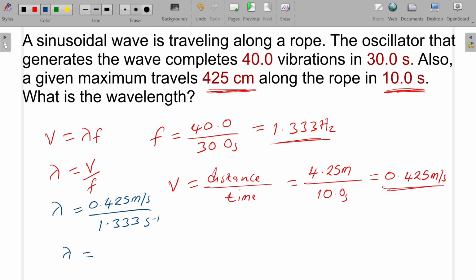When we punch our calculator, our wavelength is 0.319 meters. Converting this to centimeters, we have 31.9 centimeters. So that's our wavelength in meters and in centimeters.